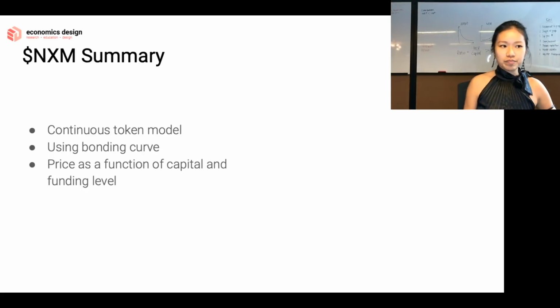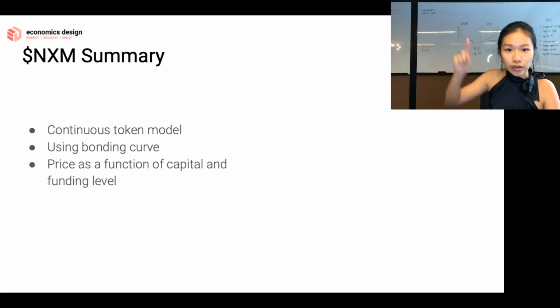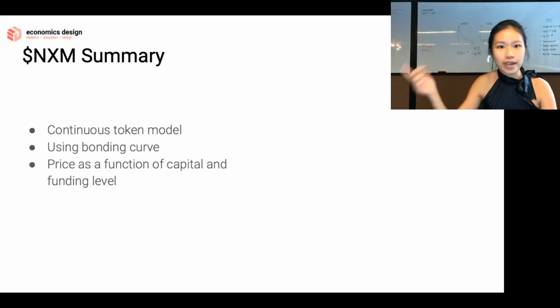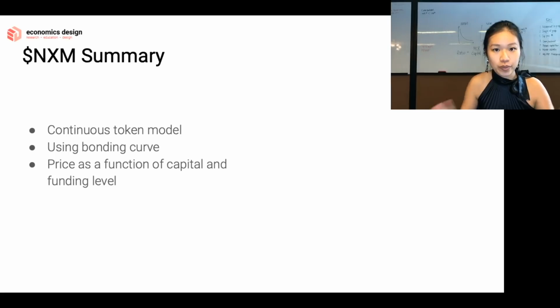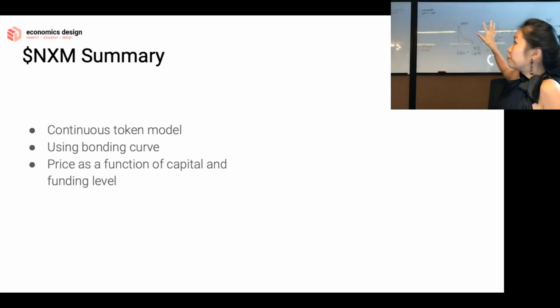They're almost like a mirror image of each other. And there's nothing wrong with it, because the shape of the curve is not fixed. Should it be concave upwards, concave downwards, convex upwards, convex downwards, it doesn't matter, because a bonding curve is just a representation of how two variables are interacting with each other. So in general, this is the shape of the bonding curve for NXM versus AMM.